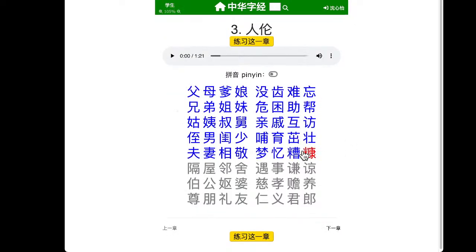So zao kang together, it's a reference to how when people are really poor and they have nothing to eat, even those kinds of byproducts would be considered essential nutrients.